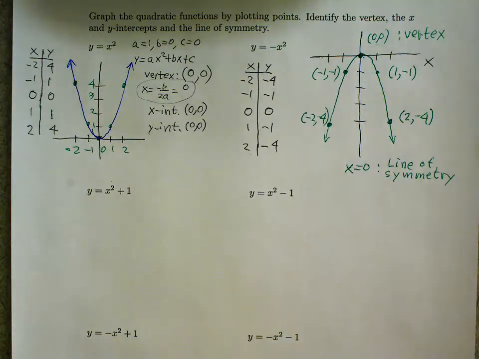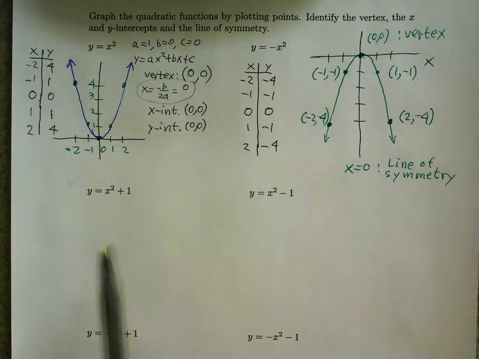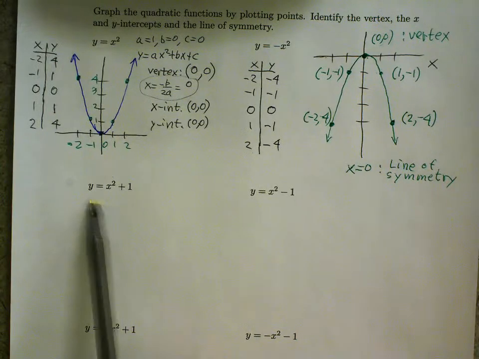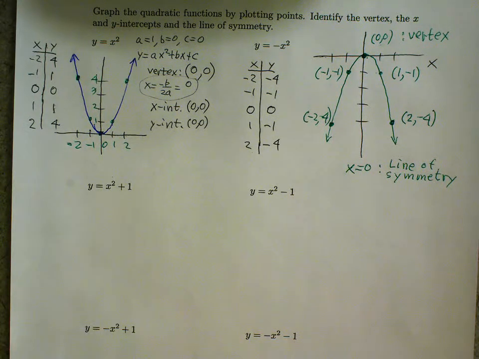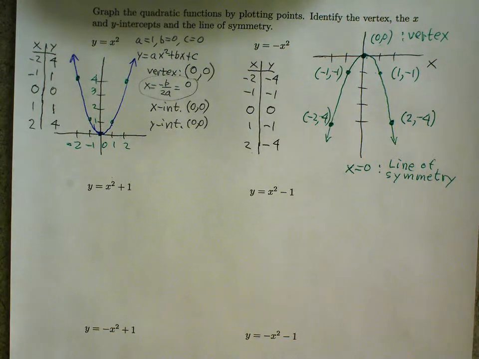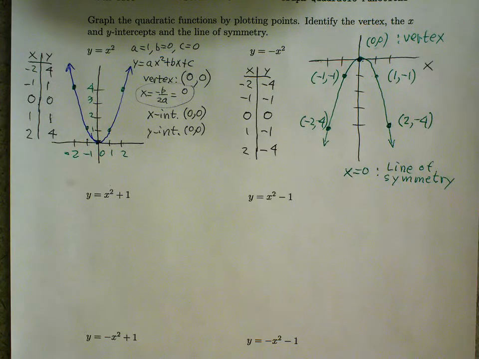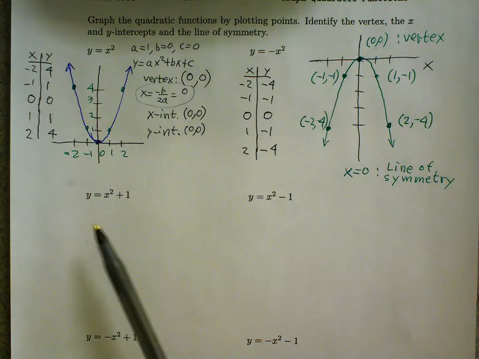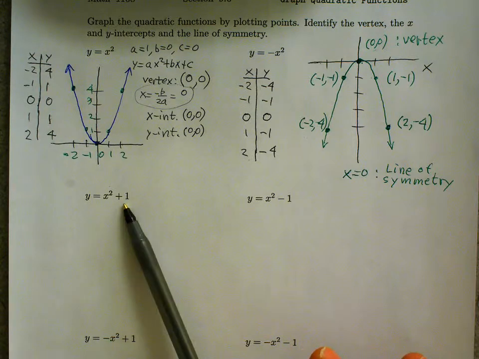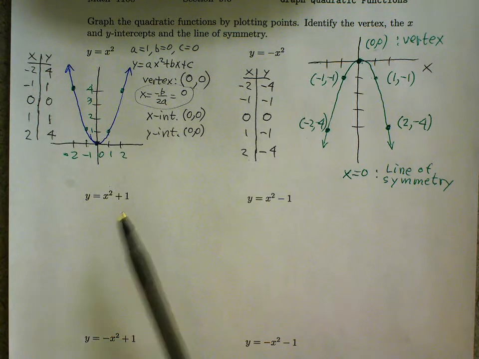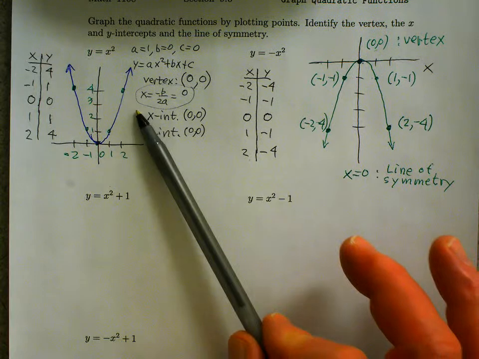So before plotting points, what can you say about the parabola that we'll graph, whose equation is y equals x squared plus 1? Or maybe to make it more clear, how does the graph of y equals x squared plus 1 differ from the graph of y equals x squared?